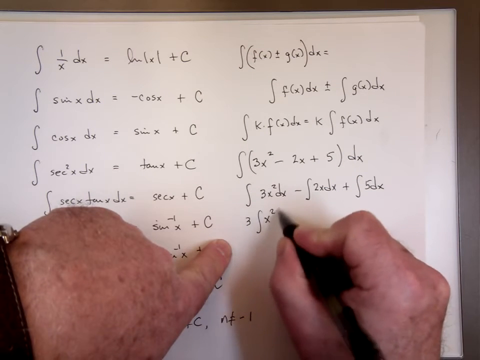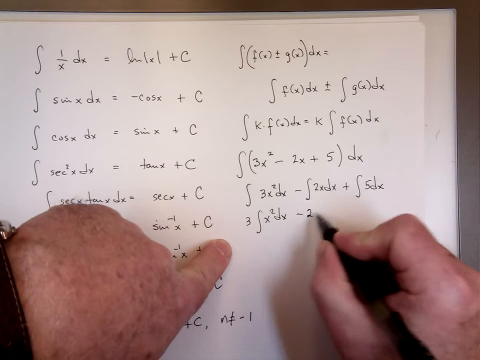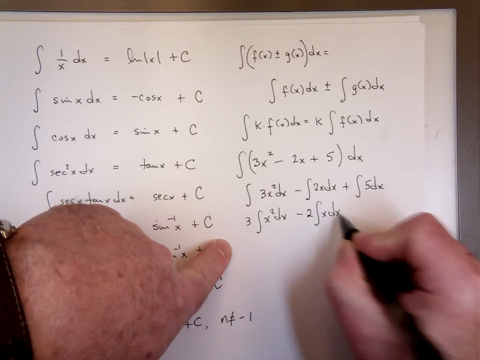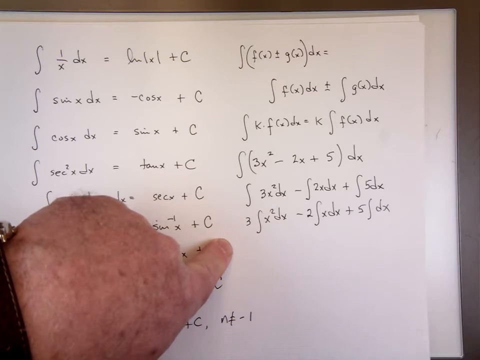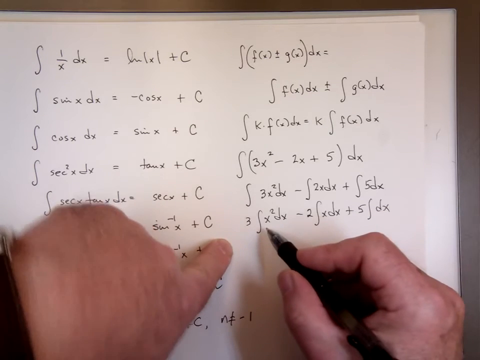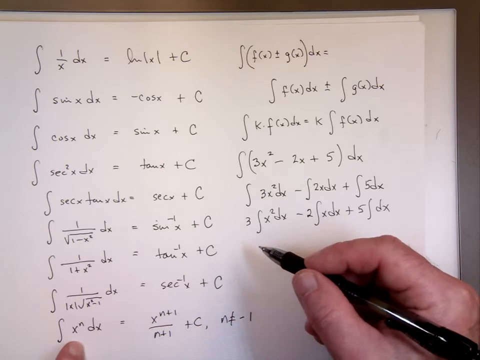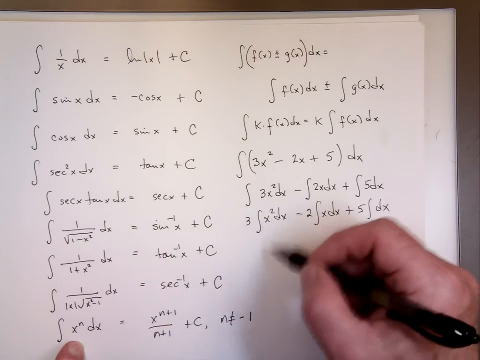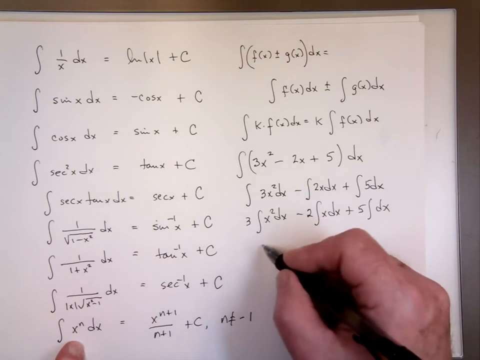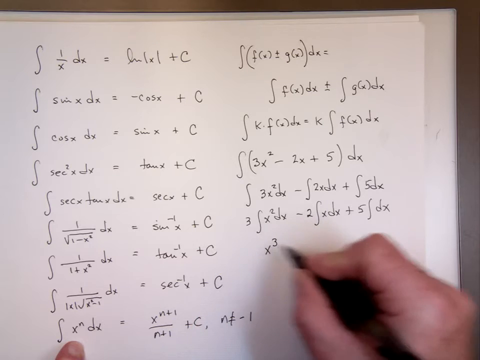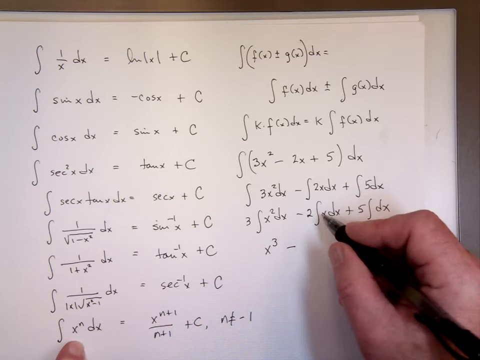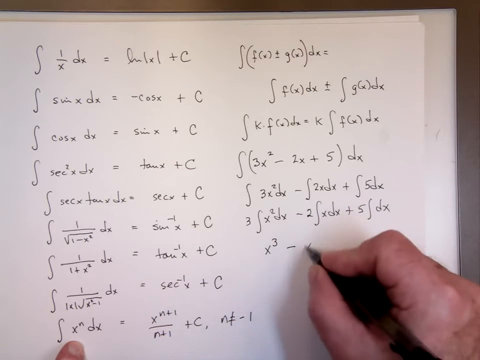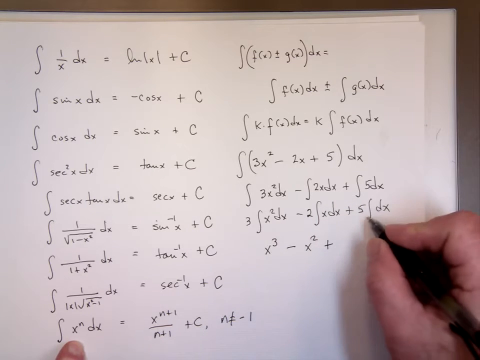We can take this constant out front. The integral of x squared, that's our x to the n form here. That's x cubed over 3. The 3's will cancel. The integral of x, that's x to the first power. That's x squared over 2. The 2's will cancel. The integral of dx, we said before, was just plain x.